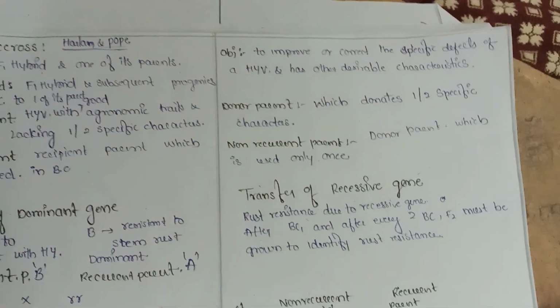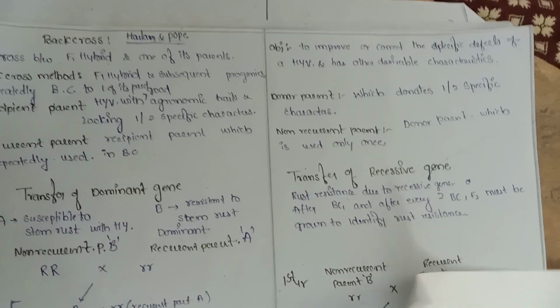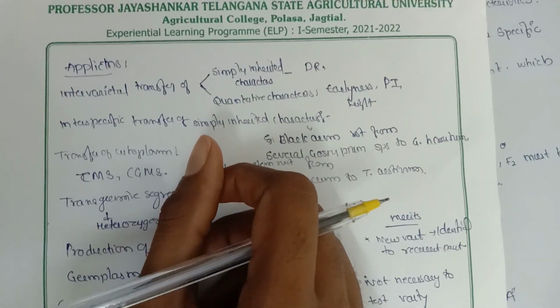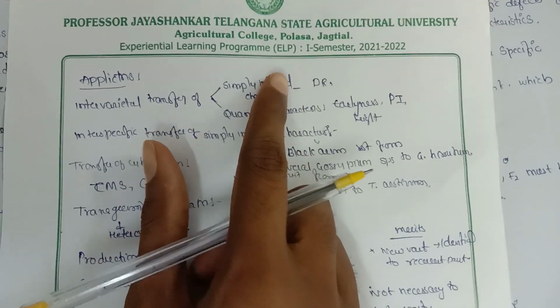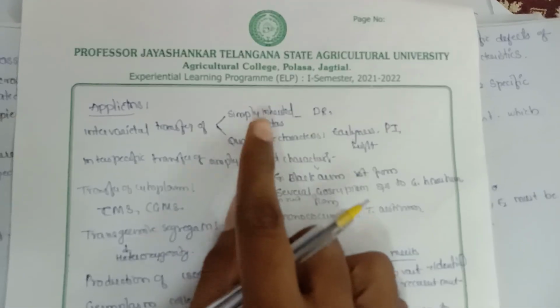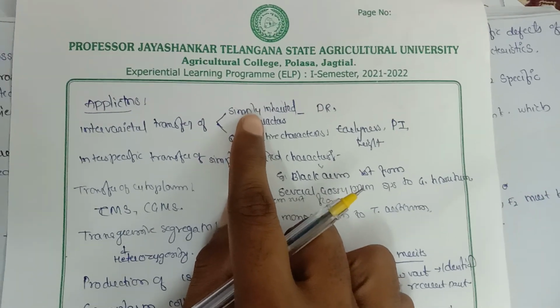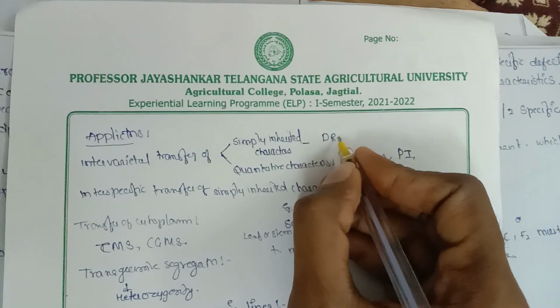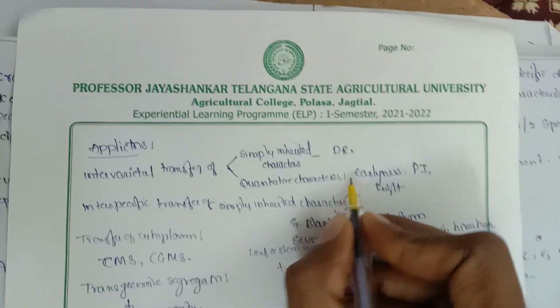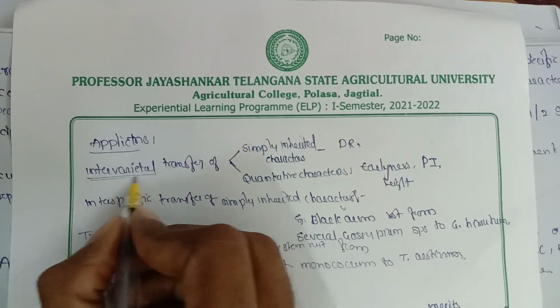Let us know about the applications of backcross. It can be used for intervarietal transfer of simply inherited characters or quantitative characters. Simply inherited characters are like disease resistance, and there are also quantitative characters. Let us know what is meant by intervarietal.